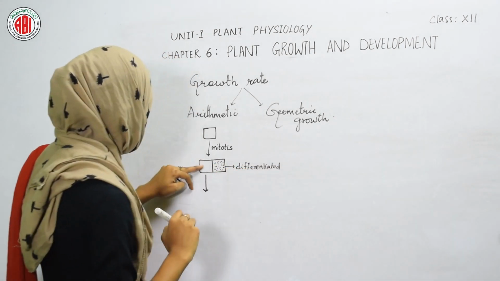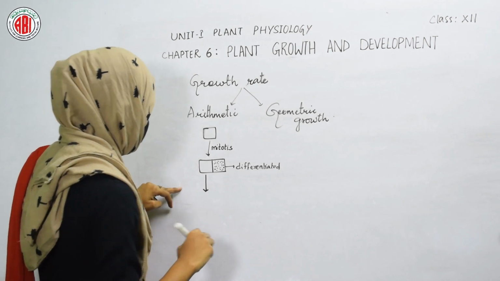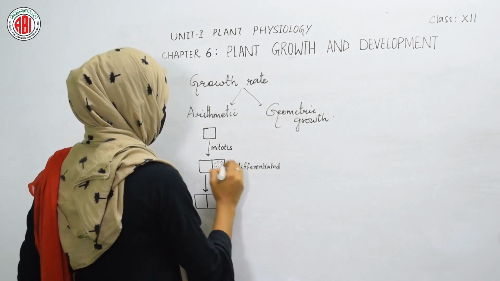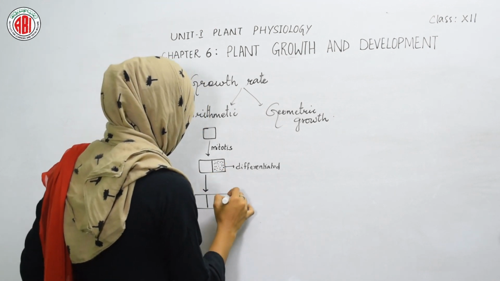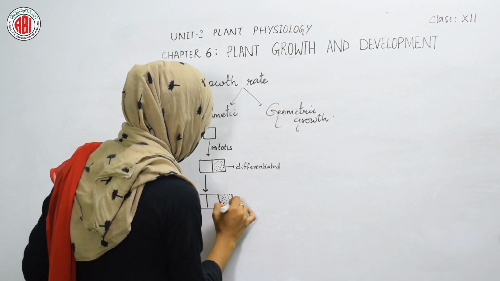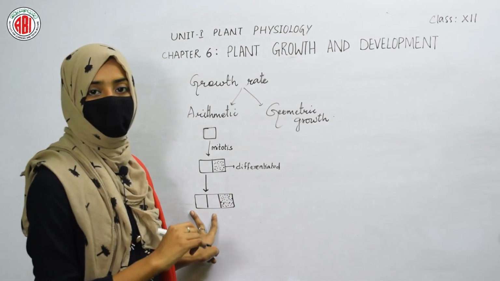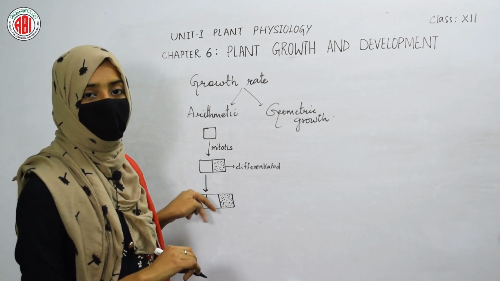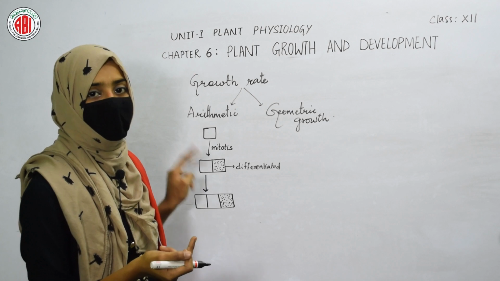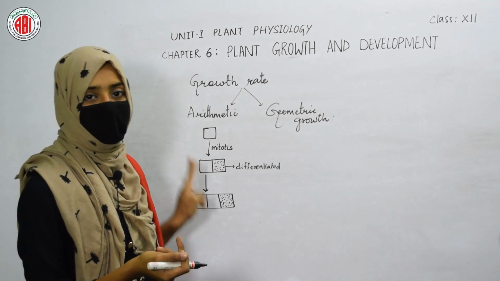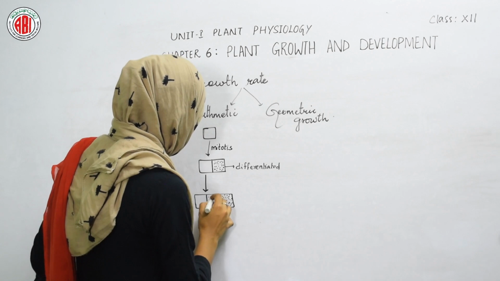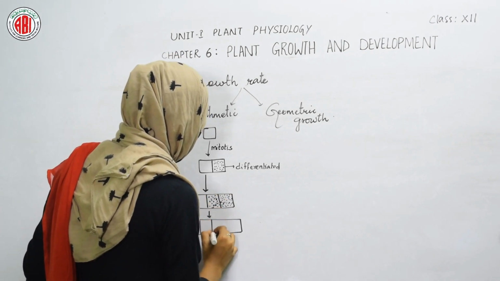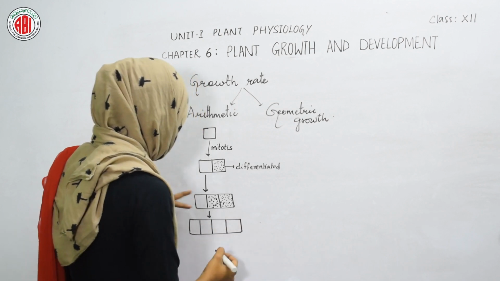Now, when this one cell again undergoes mitotic division, it again forms two daughter cells. One is as usual the differentiated cell only, and out of the two, one continues to undergo mitotic division, and the other gets specialized.